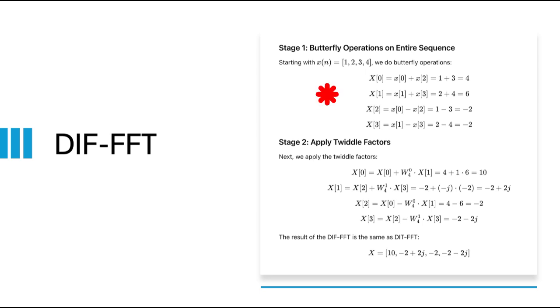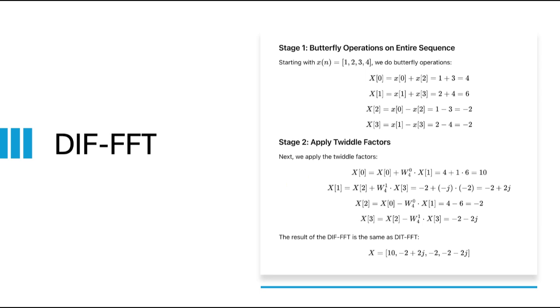Stage 2. Now we apply the twiddle factors. N equals 4. We use W4^0 equals 1, and W4^1 equals negative j. The even outputs, X of 0, X of 2, combine the sums directly. The odd outputs, X of 1, X of 3, combine the differences after multiplying by the twiddle factor negative j.